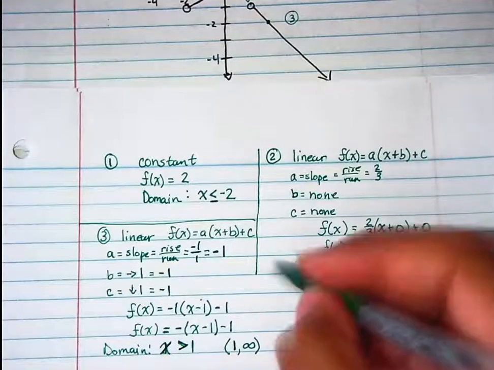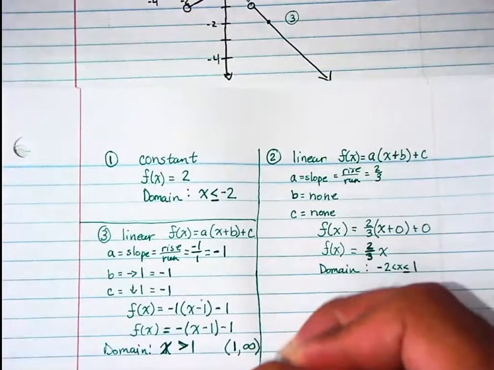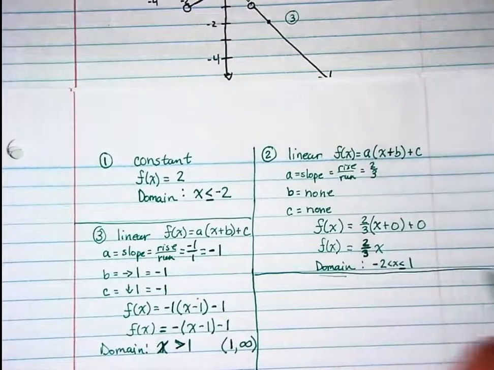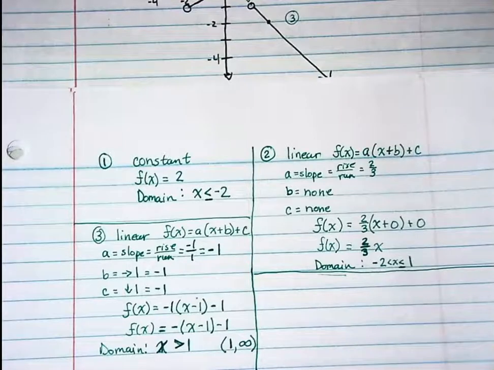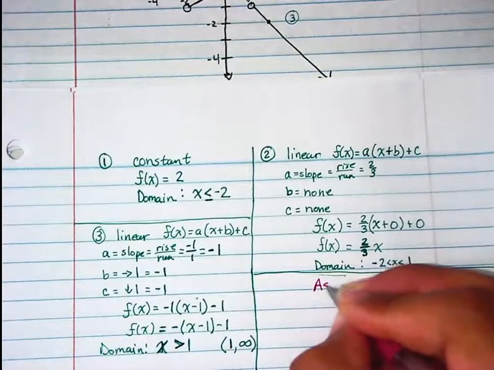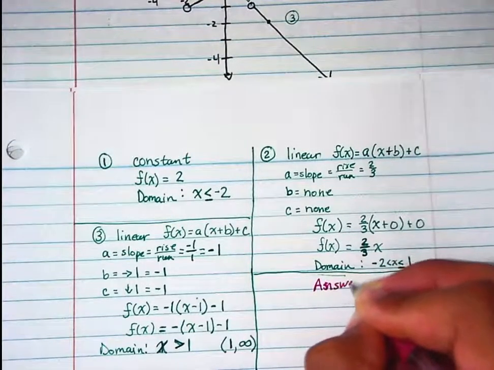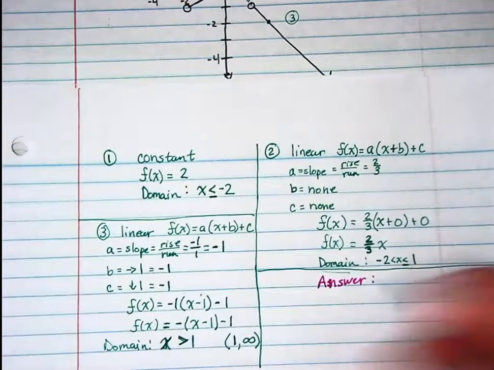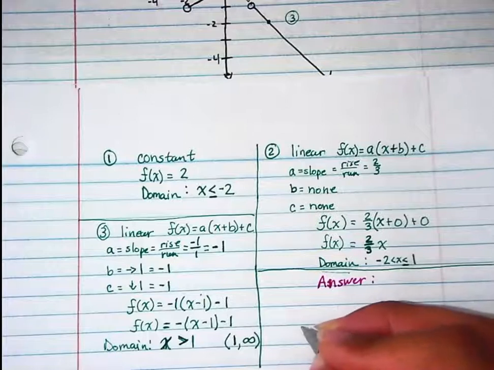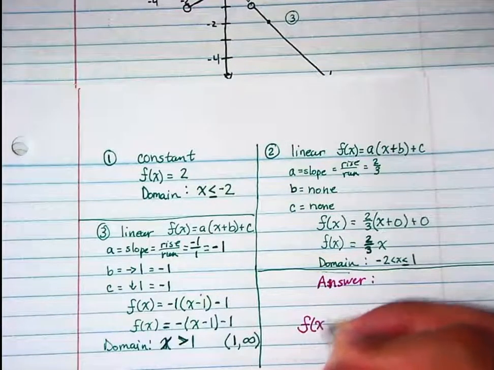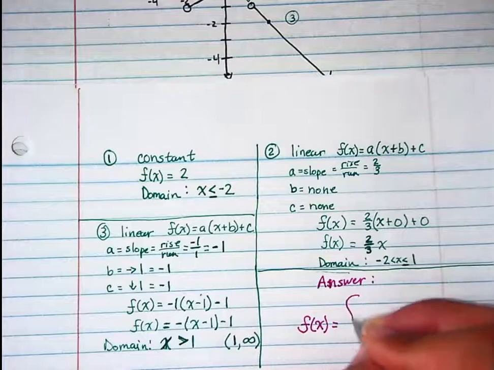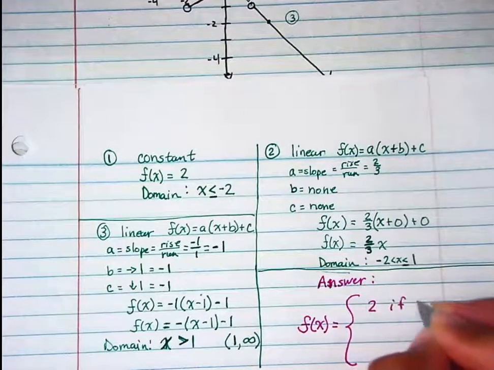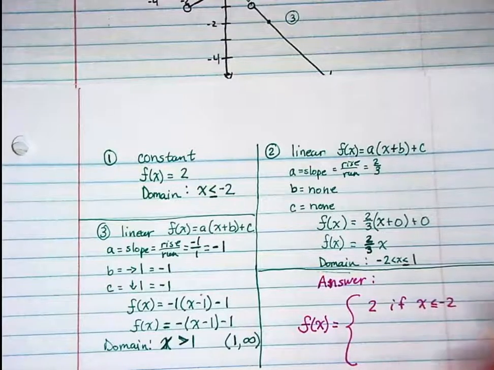So now the last piece is putting everything together. Answer. Whew, if I could spell right, that'd be wonderful, guys. Sorry about that. All right, so our answer here is putting everything together. We're going to say f of x is the big function. So we're going to say 2 if x is less than or equal to -2.